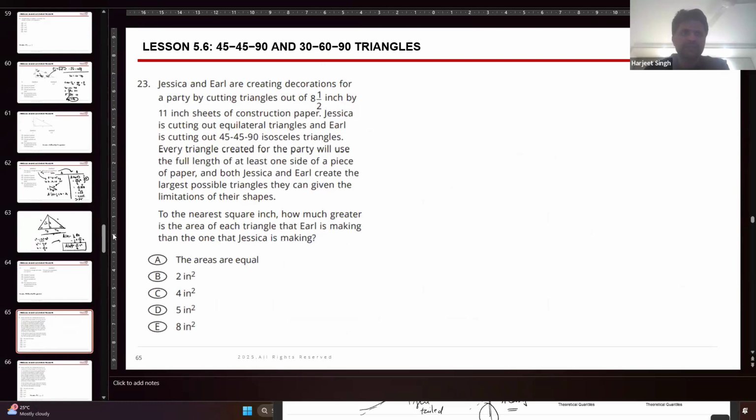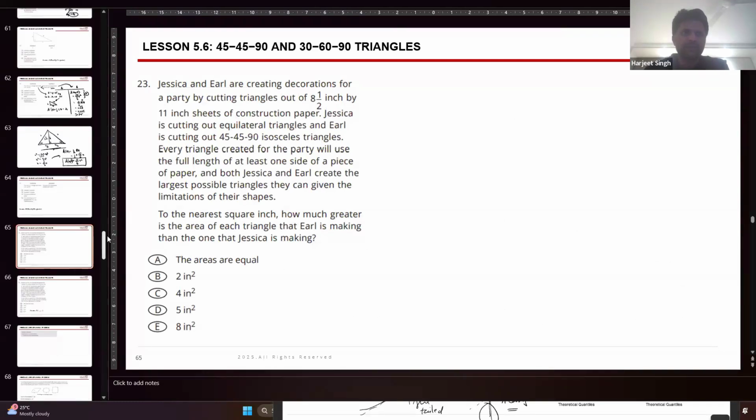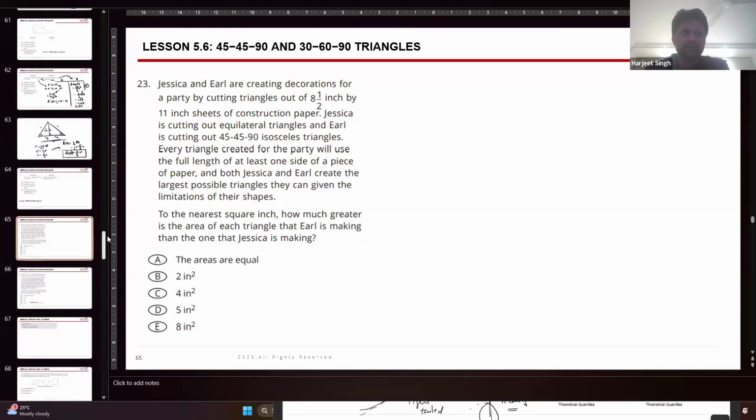Okay. Now this is a very tough question. This is like hard variety. Jessica and Earl are creating decorations for a party by cutting triangles out of 8.5 inches by 11-inch sheets of construction paper.